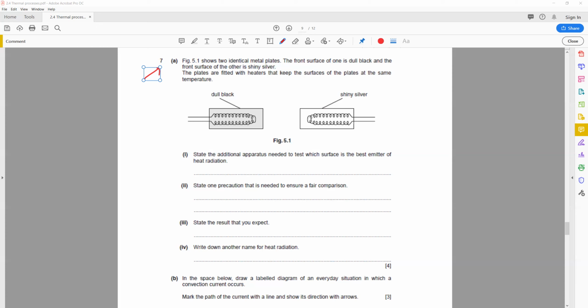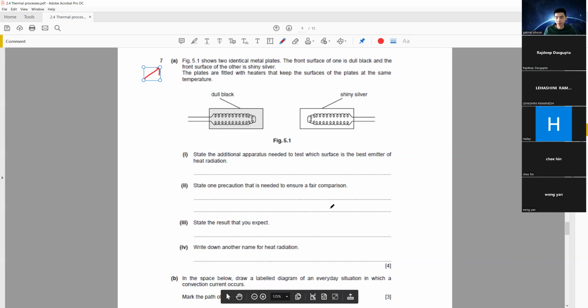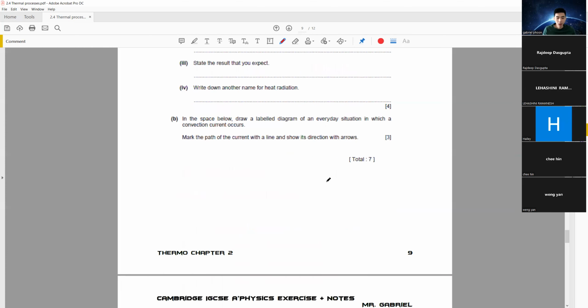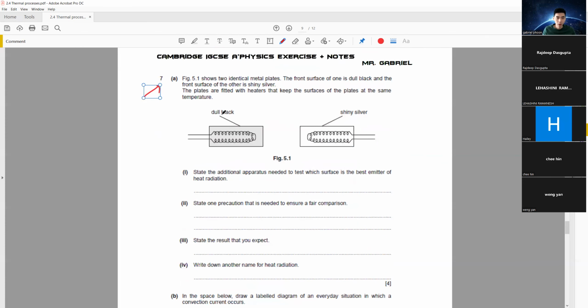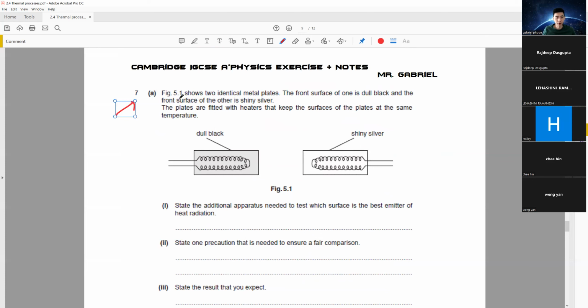Okay, everyone. Due to the time constraint, of course, we will have to discuss the answers immediately, guys. Please check and see if you are in line with what you're supposed to know. If you look at this question here, what do they want? Figure 5.1 shows two identical metal plates. The front surface of one is dull black yet again, and the other one is shiny silver.